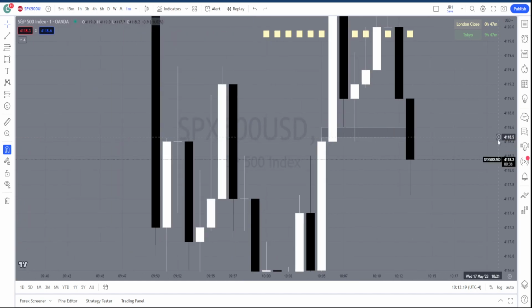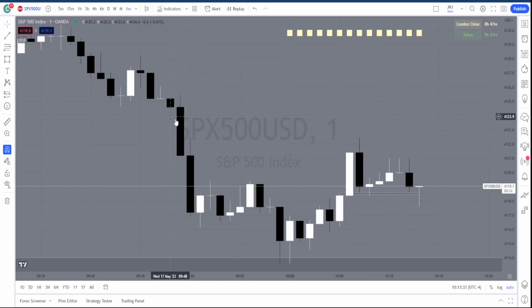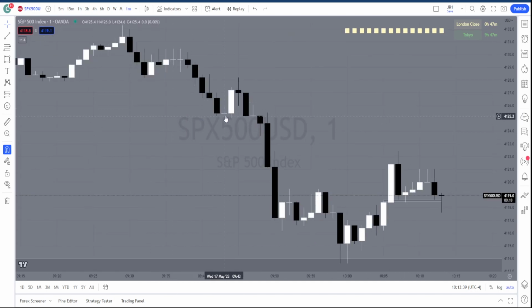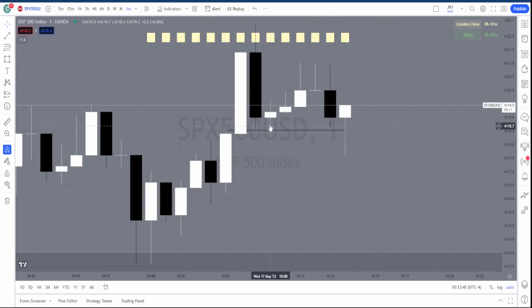And what I was telling you yesterday is that when the market creates this kind of move, it shows that one side of the market is taking over. It's not always the case, but as you see here, one side of the market was taking over when it created this imbalance. Same with here, and so on.